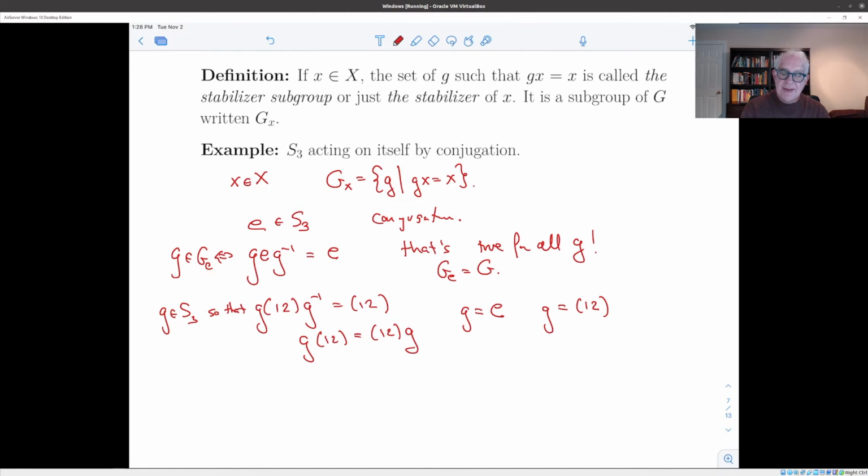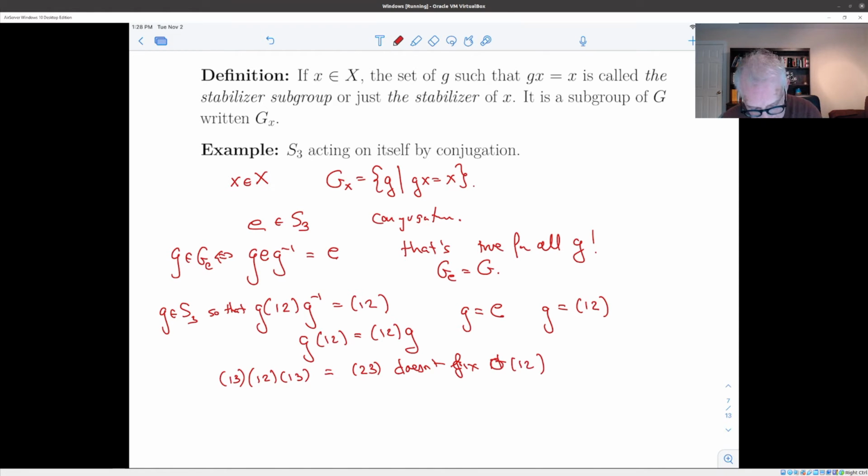Could it be anything else? Well, if it's a different transposition, there are two other transpositions, (1 3) and (2 3), and we know that (1 2)(1 3) is not (1 3)(1 2), so that does not commute. Or in other words, it doesn't fix (1 2).